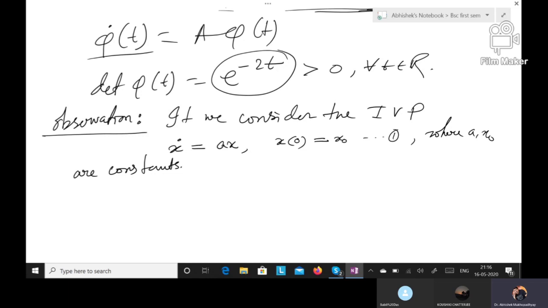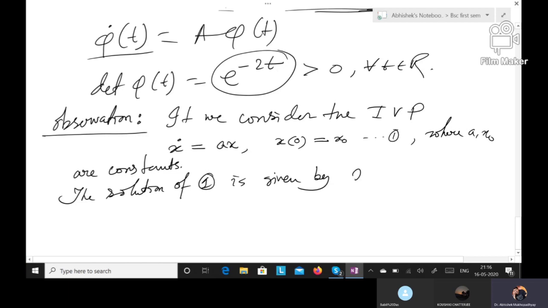And the solution of 1 is given by x equal to e to the power at x naught. You can easily check that this is a solution.